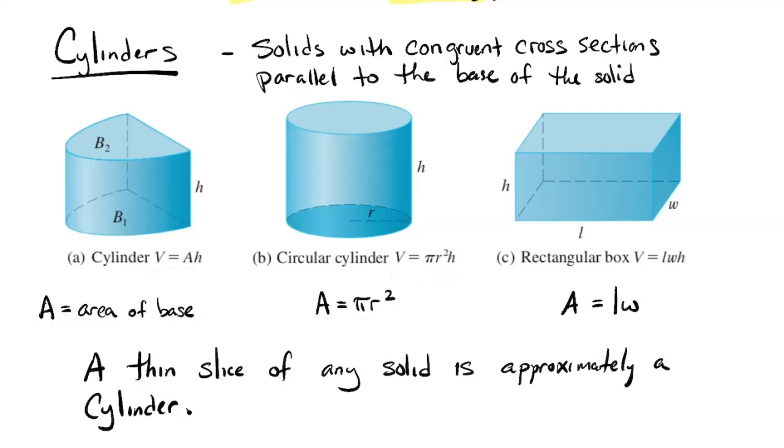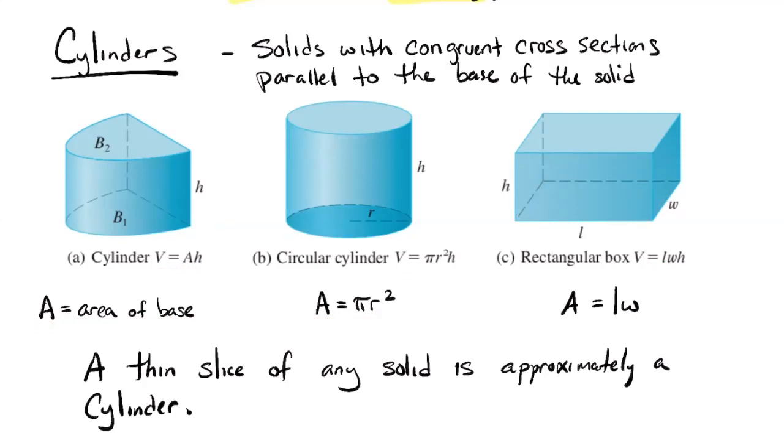The area of the base of this rectangular prism over here is L times W, so L times W times the height is the volume. So that's the general principle: the volume of a cylinder is the area of its base times its height.